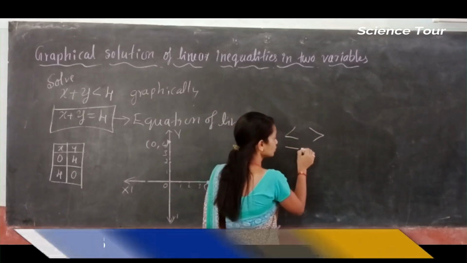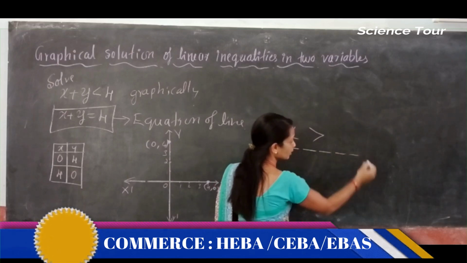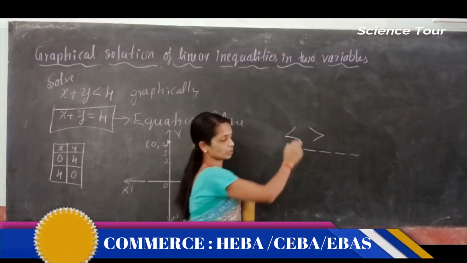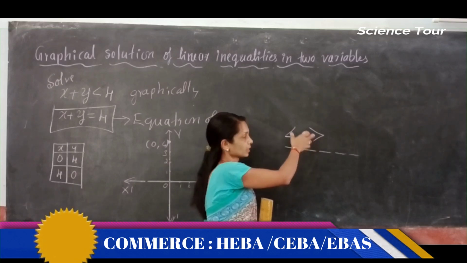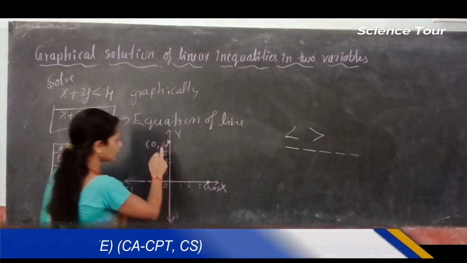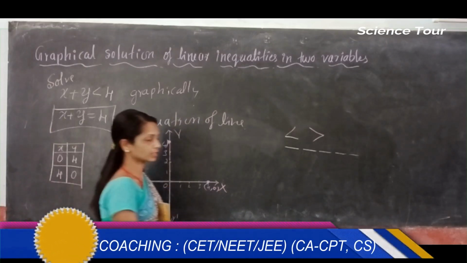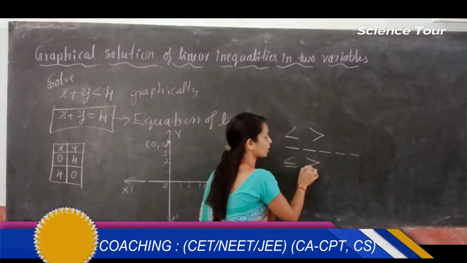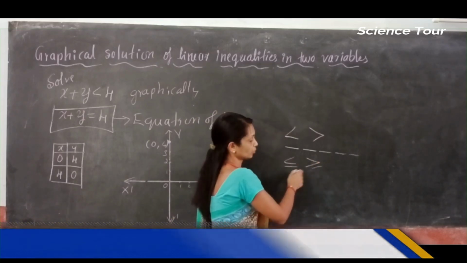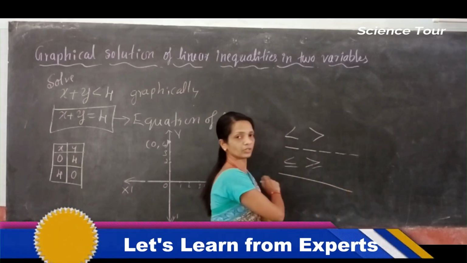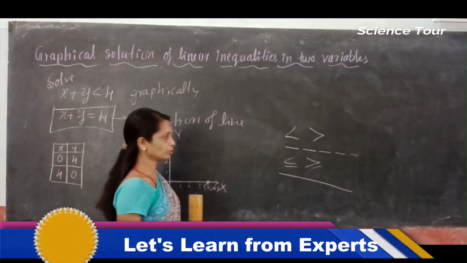Then you have to use a broken line to join the two points, like this. Suppose you have slack inequalities, less than or equal to, greater than or equal to. Then you have to use a continuous line to join those 2 points.